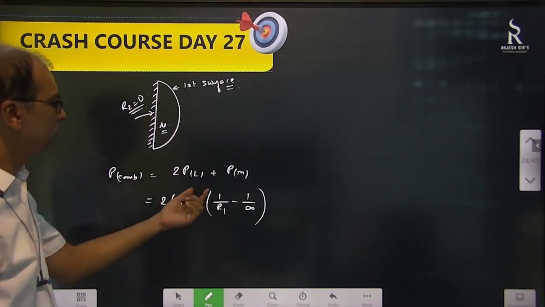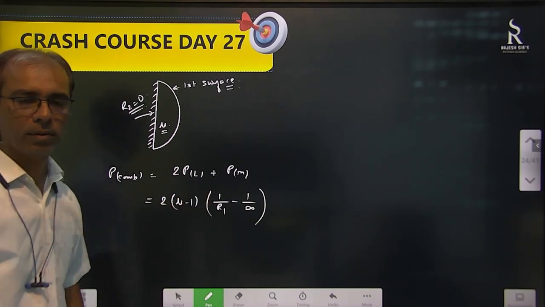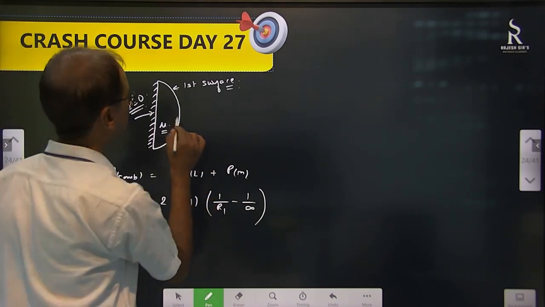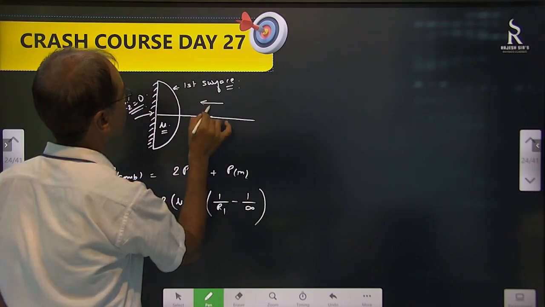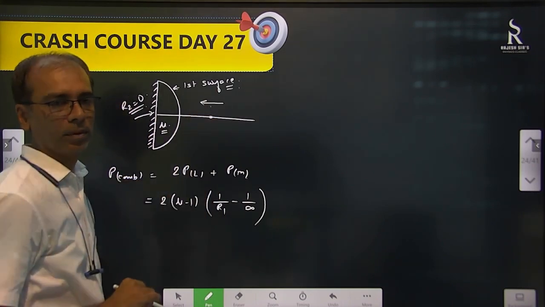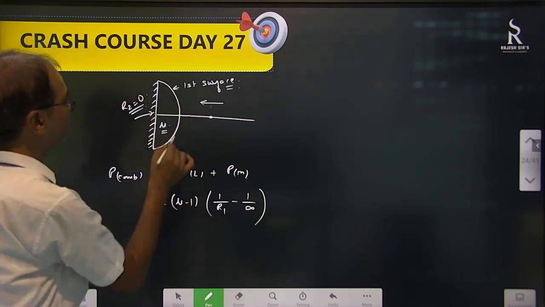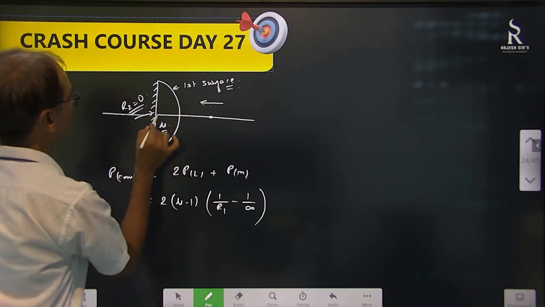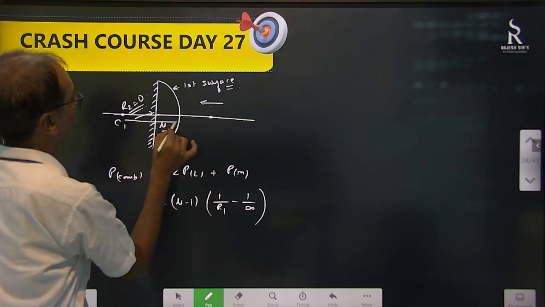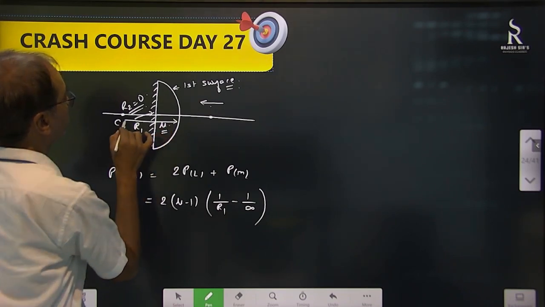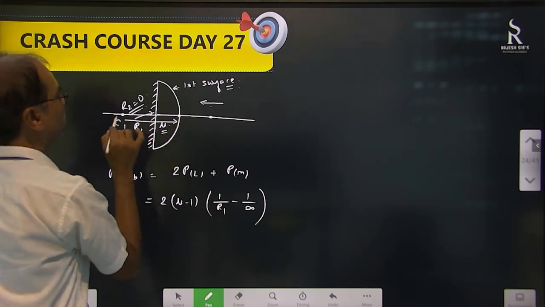So in this one, is R1 going to be positive or negative? Light will be coming like this. This will be the object side. Then this surface is here. So where is the center of curvature? This side. And this is R1. This is the pole. So R1 is positive.